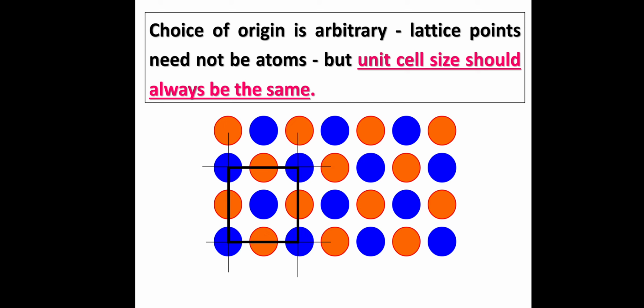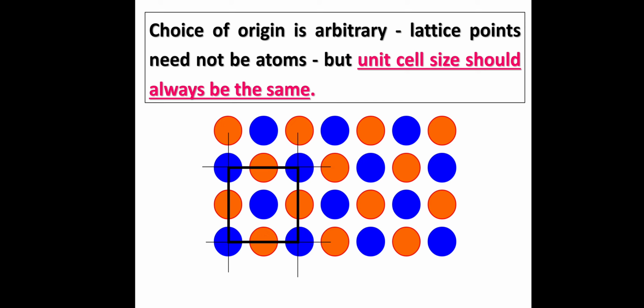So the choice of origin is arbitrary. The lattice points need not be atoms, but the unit cell size should always be the same. You can observe I have joined only blue in the form of a square, because this is two-dimensional. If you have three dimensions, it will be in the form of a cube. It is just in a plane.